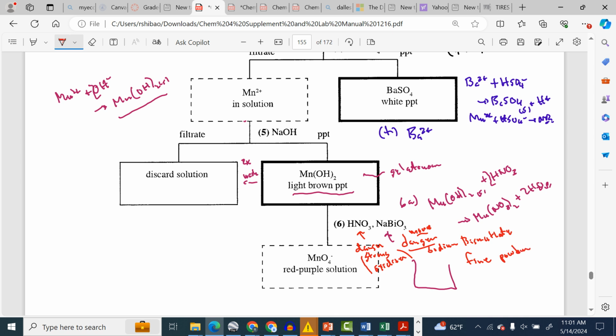If you have a fine powder and you sneeze, what's going to happen? You're going to create a dust cloud. And if you inhale sodium bismutate, it's going to cause some serious damage to your lungs and throat and whatever else. Your skin is probably okay, but it's a strong oxidizer.